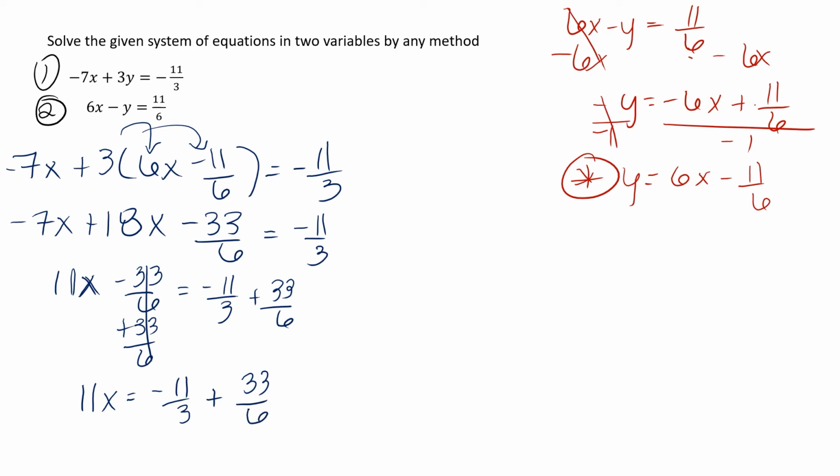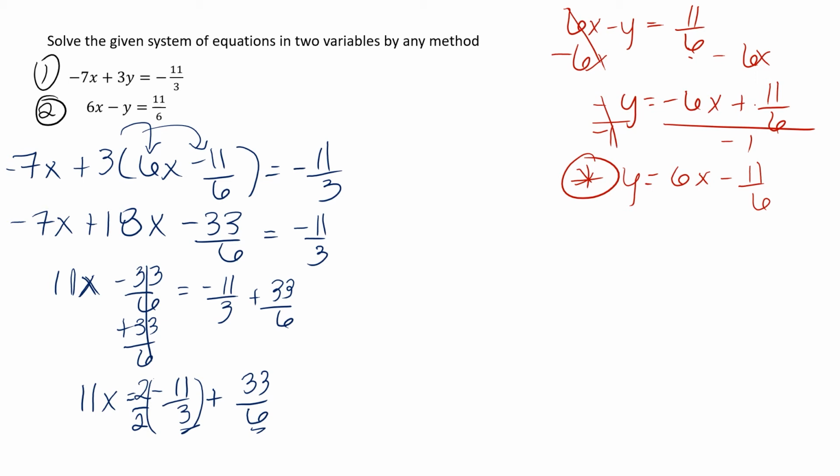Now from here, what I want to do is get them to have the same denominator, right? I want to get my denominators to be the same. Well, I know that 3 goes into 6 two times, so I'm going to multiply this first fraction times 2 over 2. Right? Because what you do to the denominator, you do to the numerator.